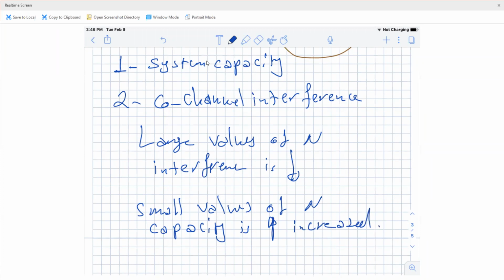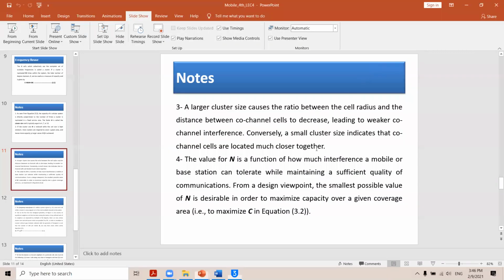These are the two important extremes we have in cellular communication system design. So we have to make a trade-off between the system capacity and co-channel interference when we are going to select the cluster size, in order to select a suitable cluster size for the system design.